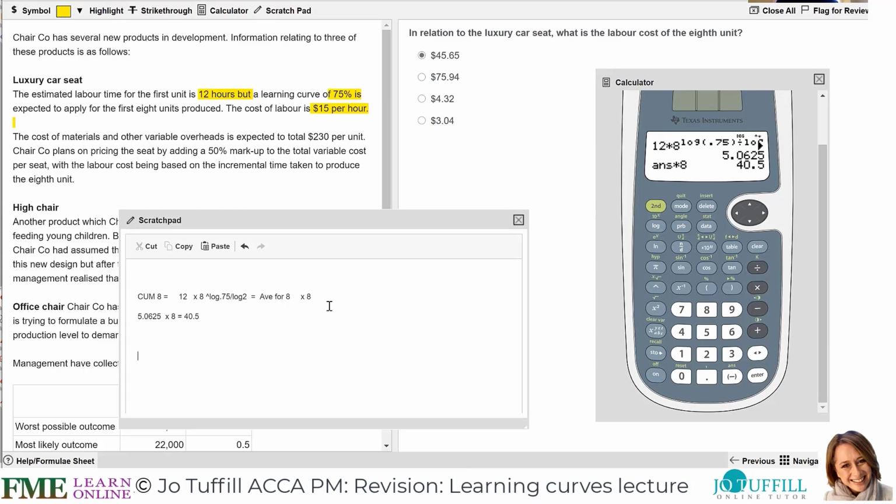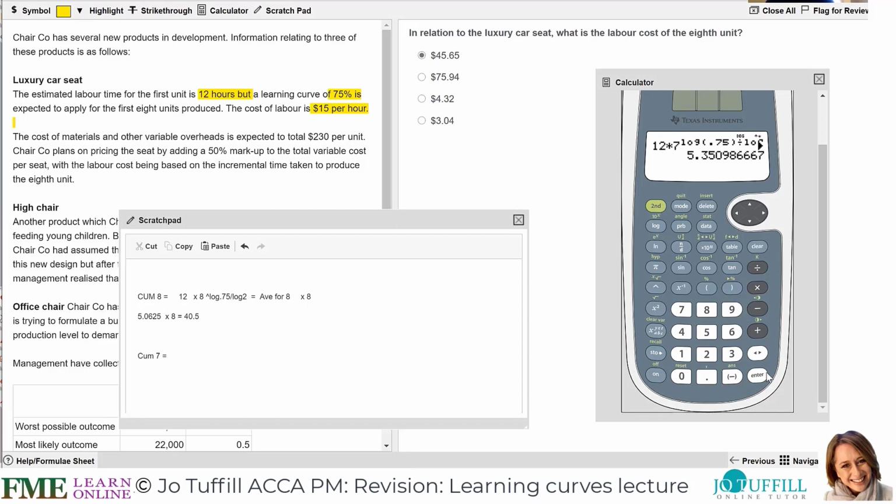We now need the cumulative for 7 to take off to get the 8th one. So the cumulative for 7 is going to be replacing that 8 with a 7. So I'm going to do 12 times 7 now to the little hat, log 0.75 divided by log 2, close bracket.